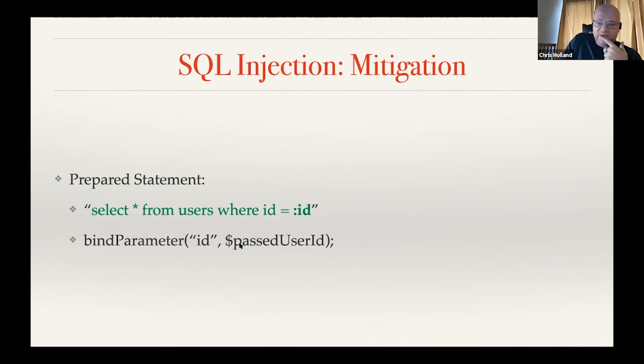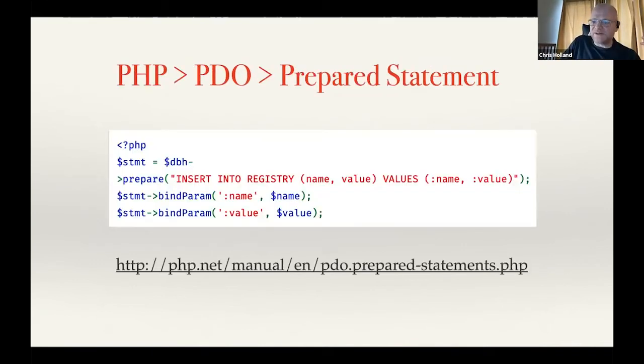And when you do that, even if you do no sanitation on the passed user ID, you're still not going to get injected, because with this mechanism, you're making your RDBMS look at things differently. It looks at the query and it looks at the arguments to the query, and they're two very different things. So here's an example of how to do it in PHP using PDO. That's one way to do it.